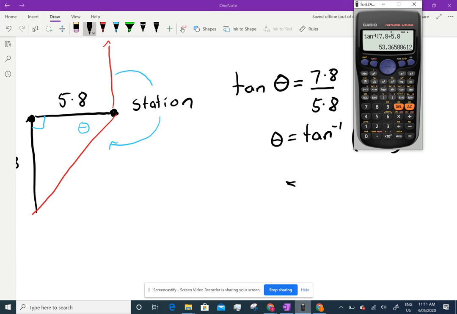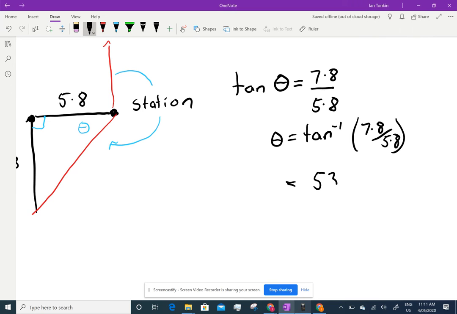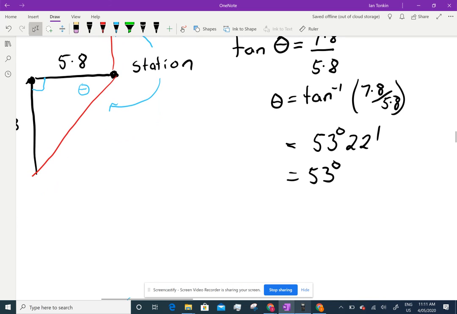And I get 53 degrees. I hit my bubble button. 53 degrees, 22 minutes, which is 53 degrees if we're just going to the acute, which is what I bet they do.